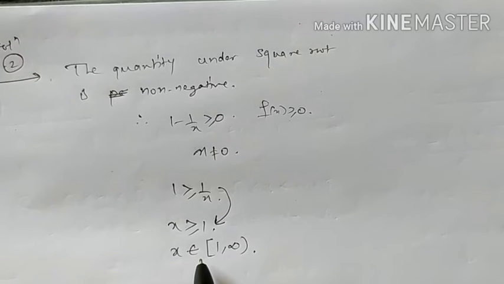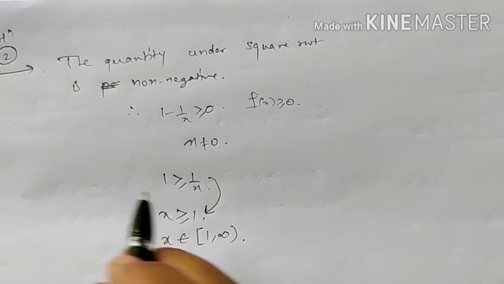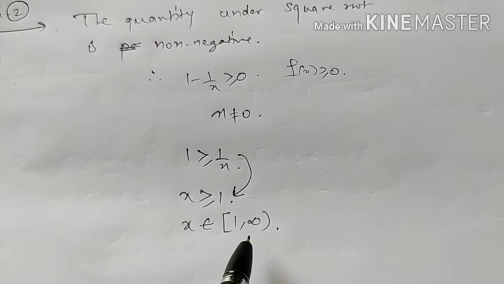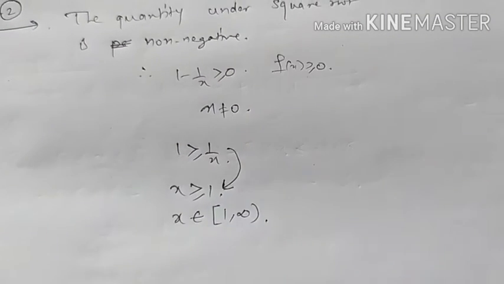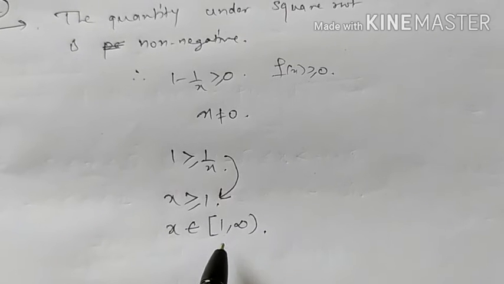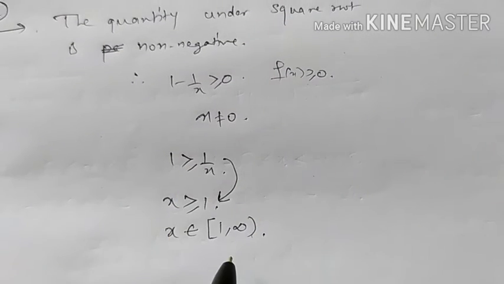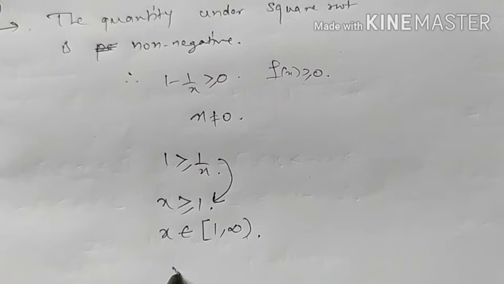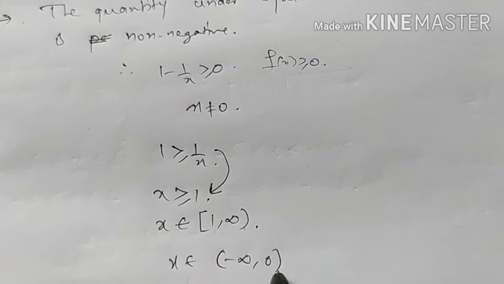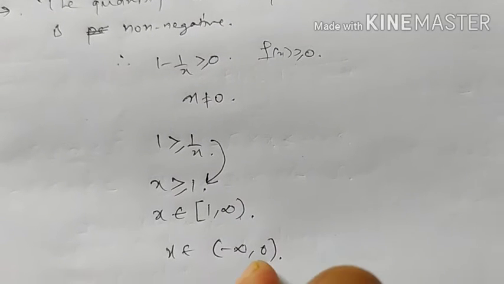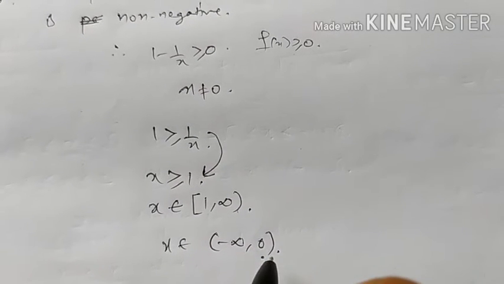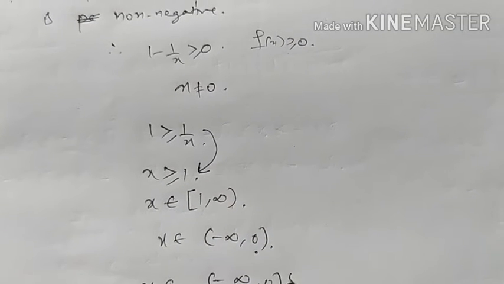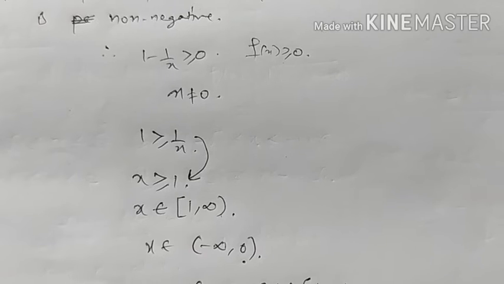So x belongs to closed bracket 1 to infinity and x is not equal to 0. Means here 1 to infinity, 0 is not there. So we have to consider the interval in which 0 is not there. So x belongs to minus infinity to 0, open bracket at 0, then it will not contain the number 0. Now students, your x belongs to minus infinity to 0 union with closed interval 1 to infinity.